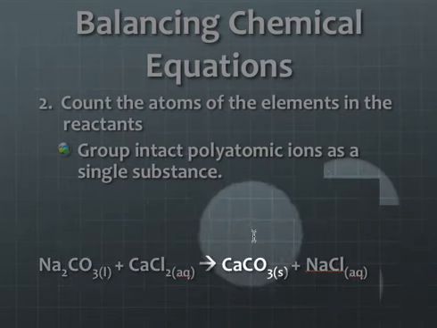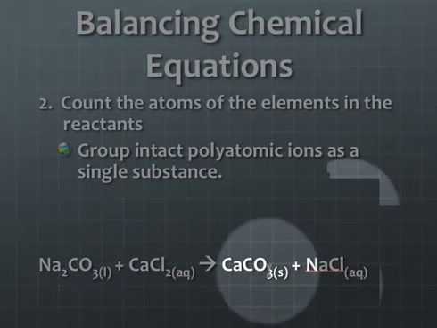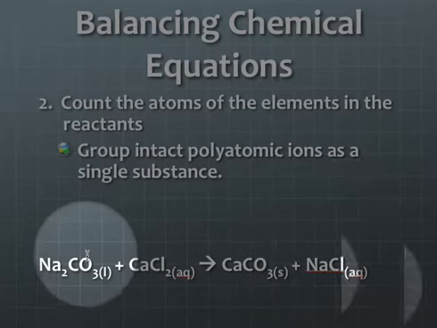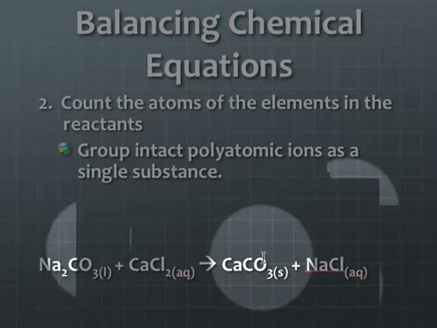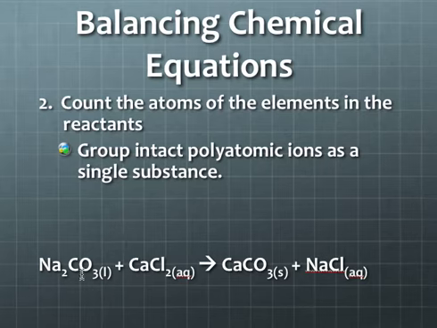And if we look over here on the product side, here is carbonate again, all intact. Notice the carbon and the oxygen did not separate. So carbonate is carbonate as a reactant and a product. So we're going to group them together when we start to balance them as well. So I'm going to list these over here. I've got 2 sodiums, 1 carbonate, 1 calcium, and 2 chloride.